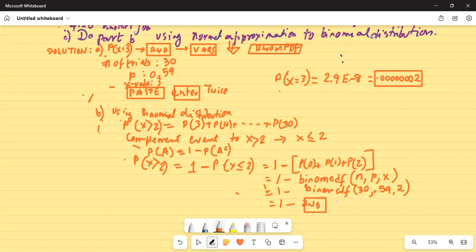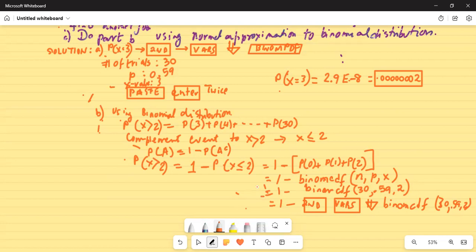I press on second, then I press the verse button, and then I scroll down to binom CDF. Okay, and then enter 30, 0.59 and 2. Let's see what we get as the answer.